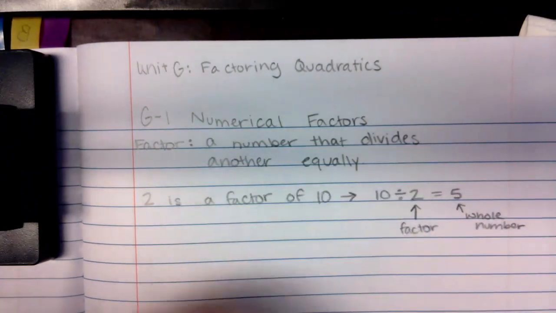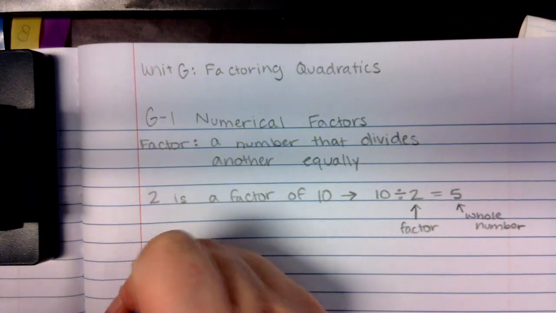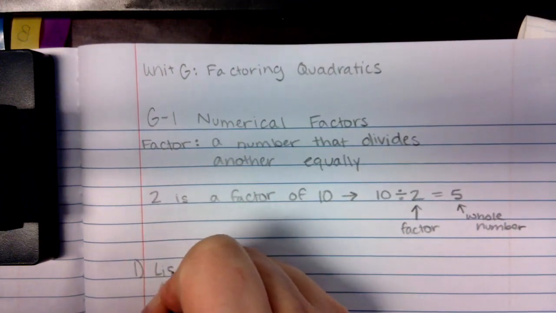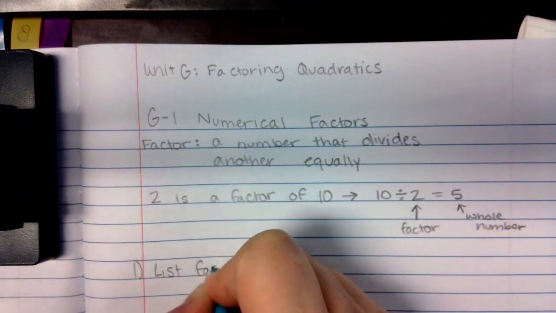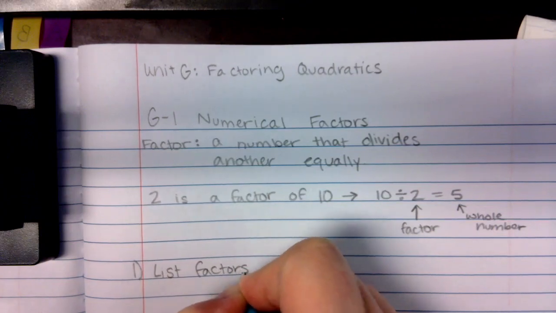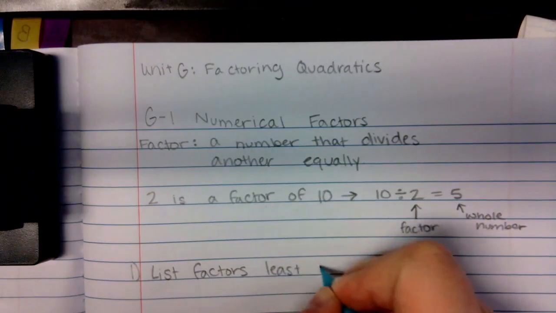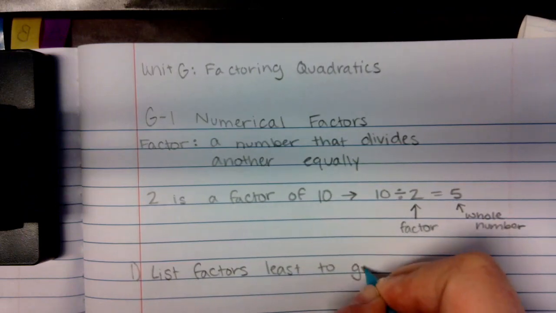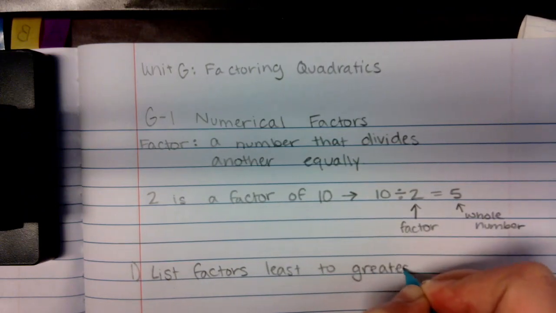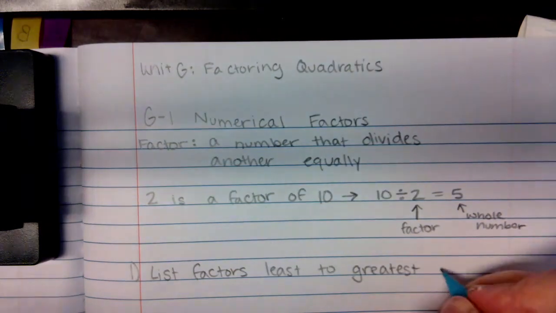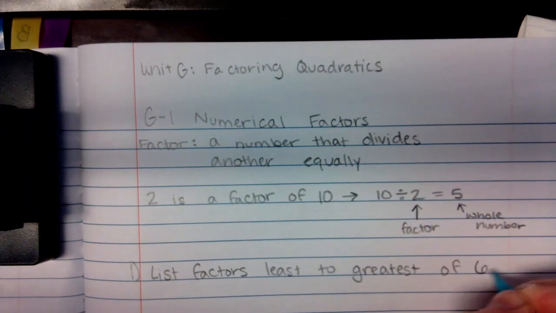Okay, so for our first example, we're going to list the factors, least to greatest, of 68.